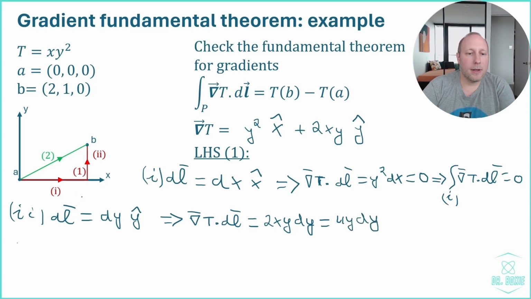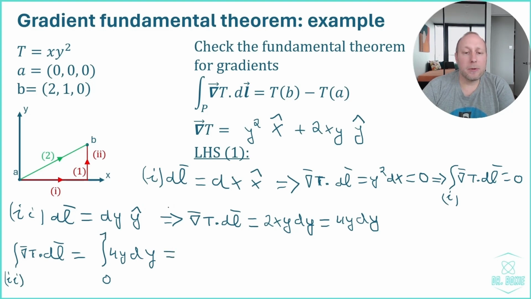The line integral along part 2 of path 1 is the integral of 4y dy, where y goes from 0 to 1. The integral of 4y dy is 2y squared, evaluated between 0 and 1, which gives us 2.